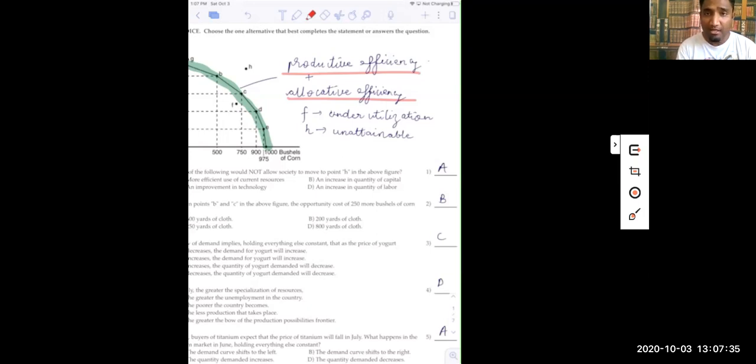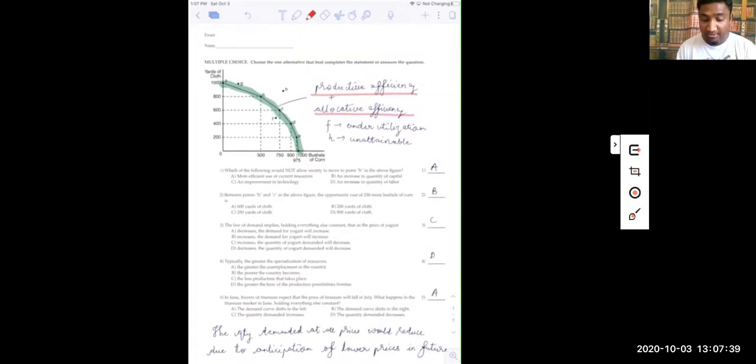So we have productive as well as allocative efficiency at the production possibilities frontier, which basically means that if you try to go beyond the frontier, we do not have enough resources to do that. So we could do so only under certain circumstances.